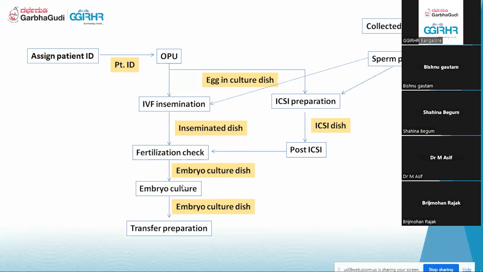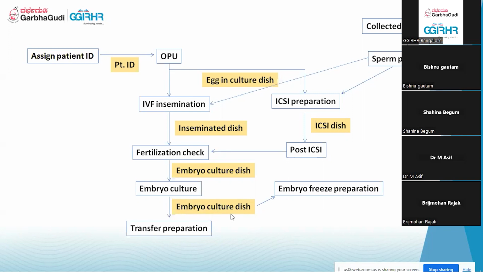Then on day 3 or day 5, we can prepare for embryo transfer. Again, this embryo culture dish can be coded with the RI witnessing system. And embryo freezing: sometimes if there are too many embryos, a few embryos we freeze after transferring. So how to prepare this RI witnessing system dish?